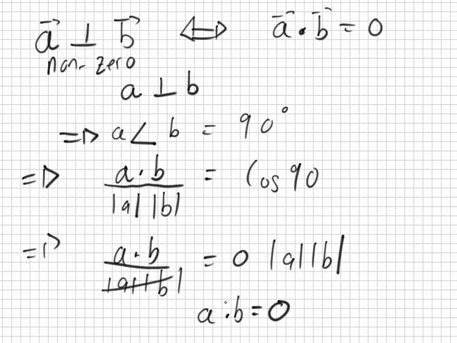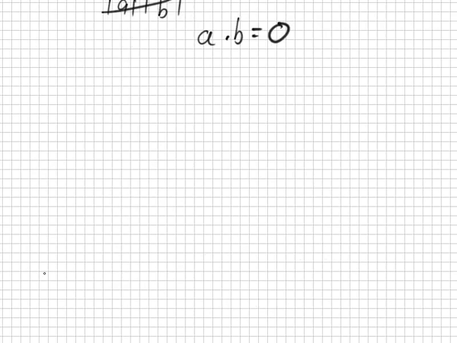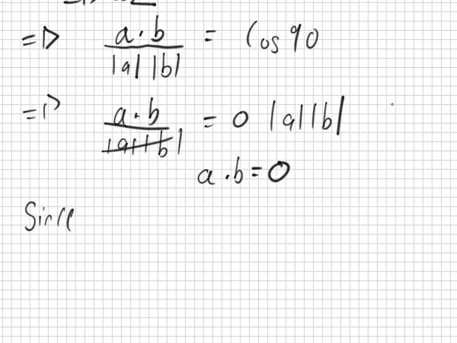Yes? Okay. So now we want to start from the fact that the dot product is 0 and conclude that the angle between them must be 90. So I start from here. Since, and if you want you can write at this step as well, since A is not 0 and B is not 0. Okay.